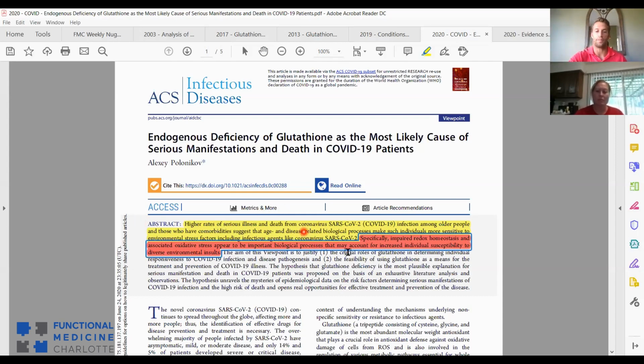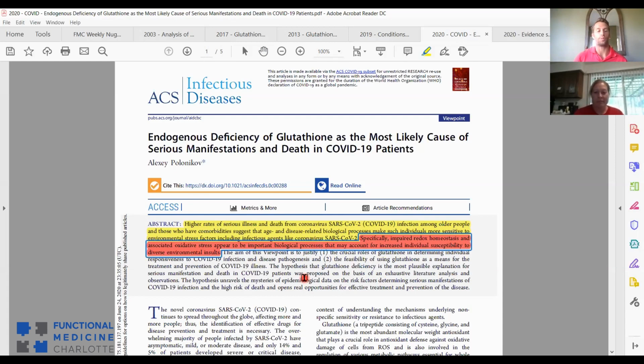But then he says specifically, impaired redox homeostasis and associated oxidative stress appear to be important processes that may account for increased individual susceptibility to diverse environmental insults. So again, in English, he says, our lifestyle and the environment, all the bad things we're faced with, knock everybody down.